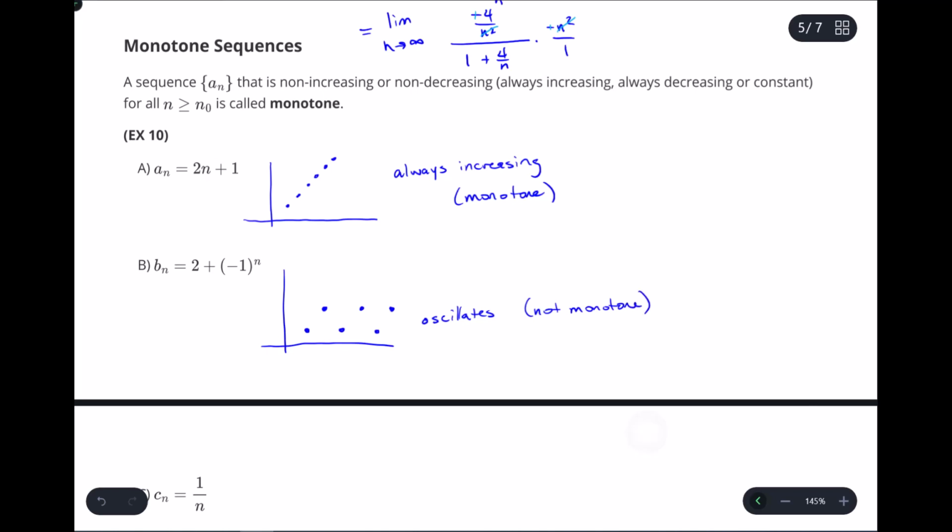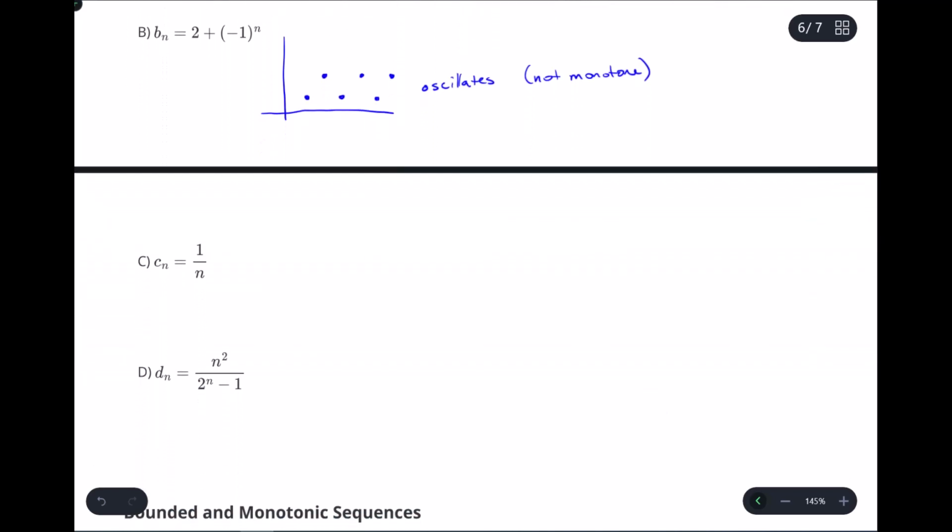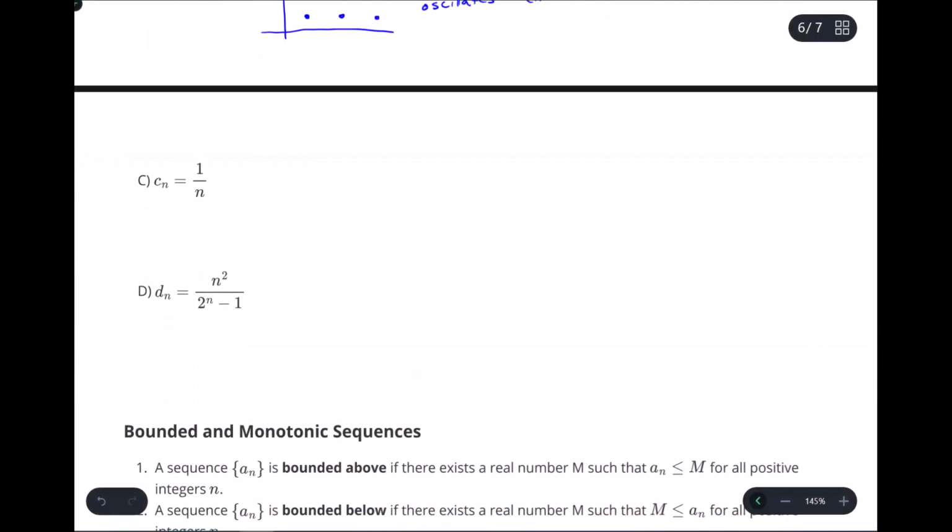Okay, let's look at the next sequence, 1 over n. What that would look like is kind of like the inverse of a logarithm. It's got an asymptote here at 0, but we're starting with 1. And these values would decrease to a horizontal asymptote at 0.